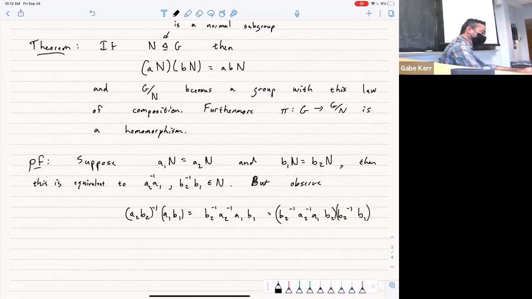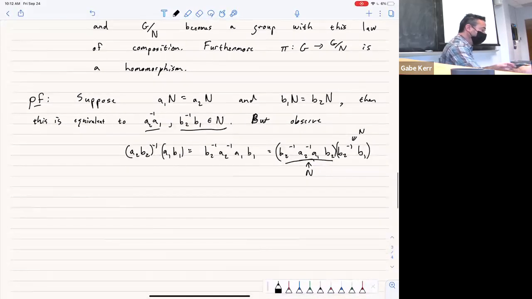Now this element, b2 inverse b1, is in N. Here, a2 inverse a1, this element is in N, and I'm conjugating that element by b2 inverse. Since N is normal, the result is in N. I've got two elements in N, and N is a subgroup, so I can take their product.